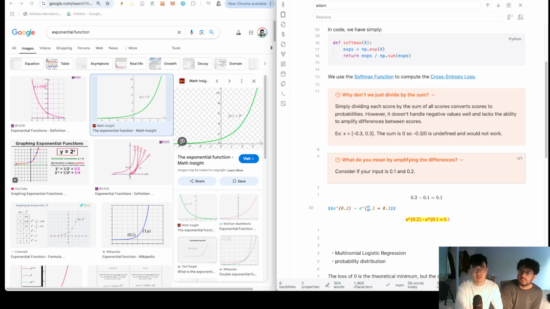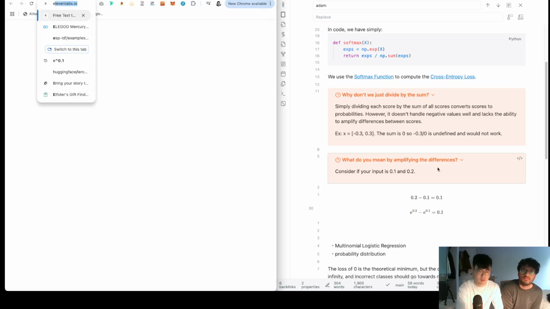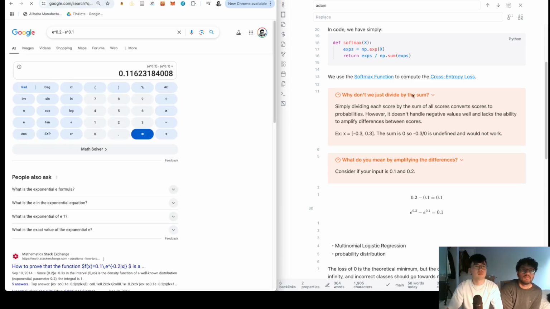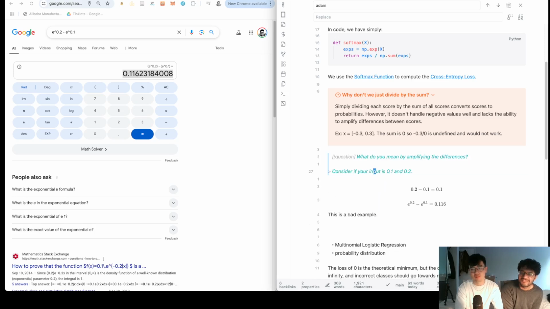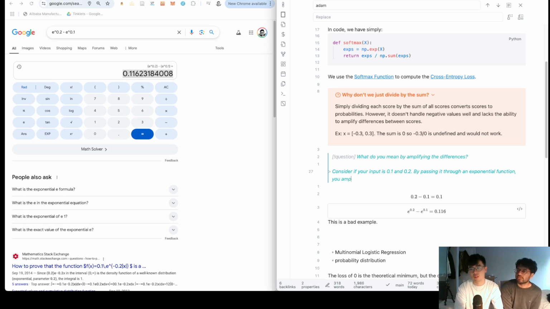It should be, yeah. Barely. That's not a good example. Oh, you also have to normalize it, go through the softmax. You amplify the difference.